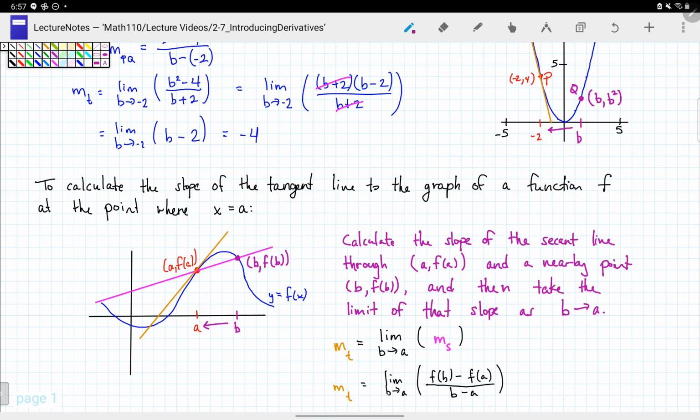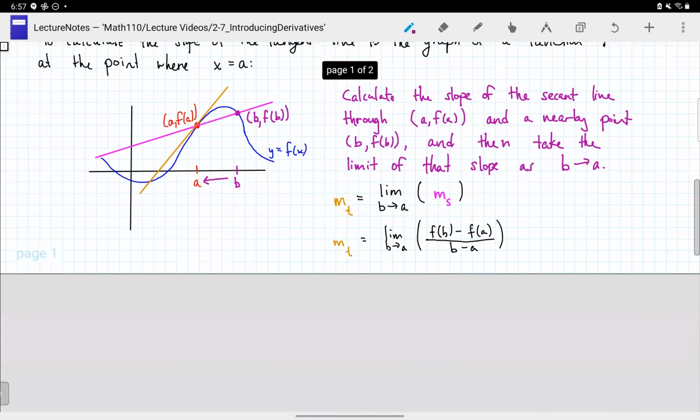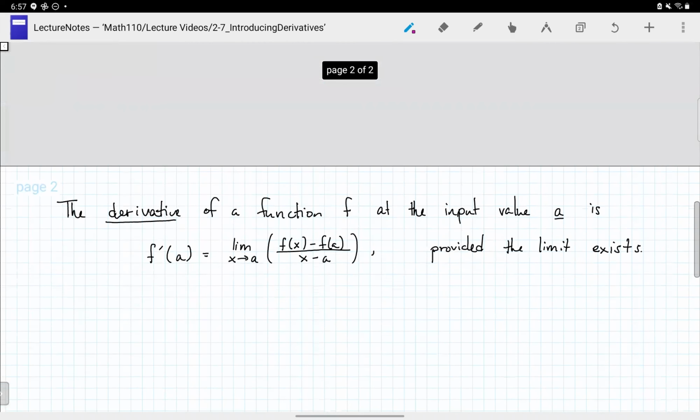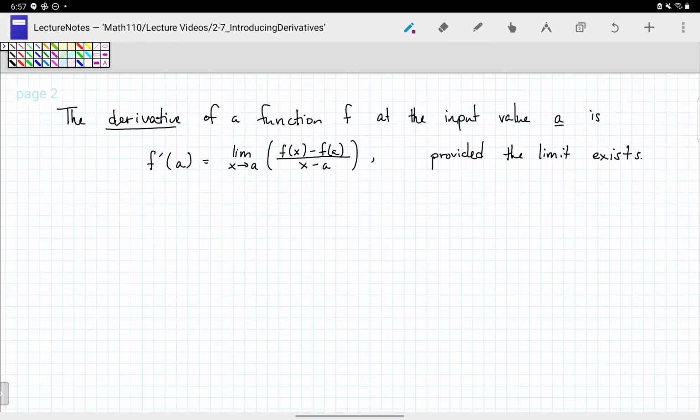Okay, and so then what we have is a definition of the derivative of a function f at the input value of a. It's the same thing. Instead of calling this moving point b, I'm calling it x.